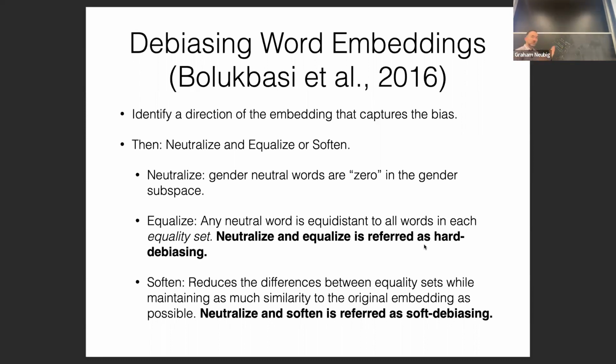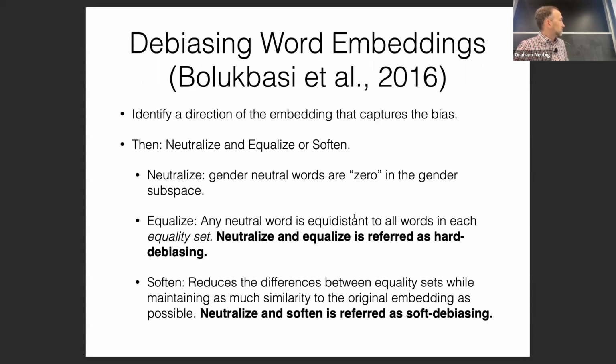And so basically what you do is you project all of the word embeddings so that gender neutral words, or gender neutral pairs of words, should have a 0 vector along this line essentially. So they should be equivalent, or projected onto the same plane with respect to that line.